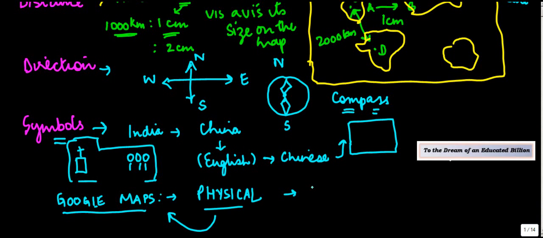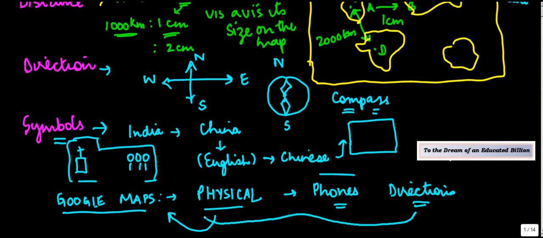These are available on your phones. You can try it at your home, and you should try it at your home to understand. And they actually tell you very, very precise information. And many times it's so good that you can even use the directions manual which is there in these maps, and they can actually guide you from one place to the other.